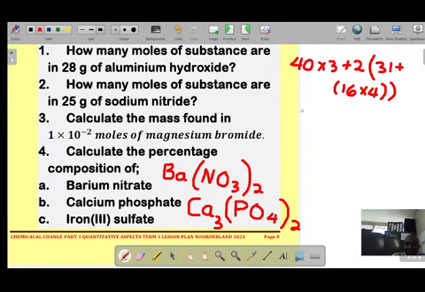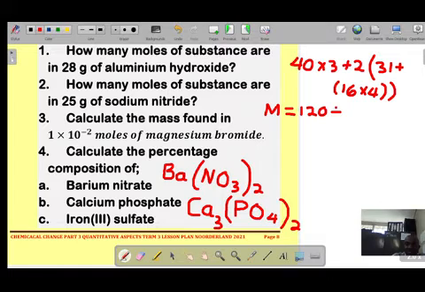So let me get my answer now. I've got 40 times 3, that's 120. I'm looking for the total molar mass. That's my M. It's going to be 120 for calcium alone.